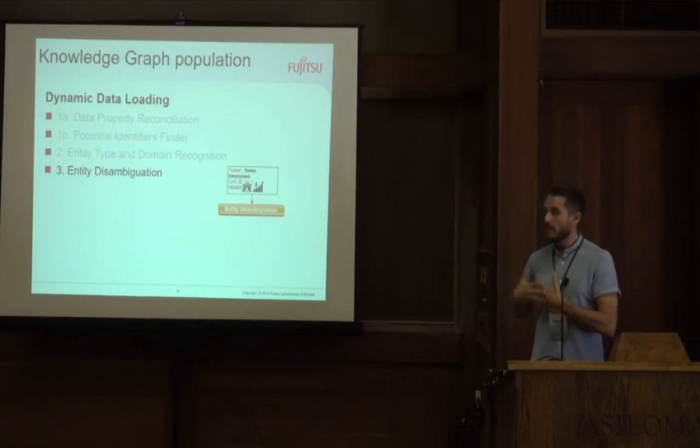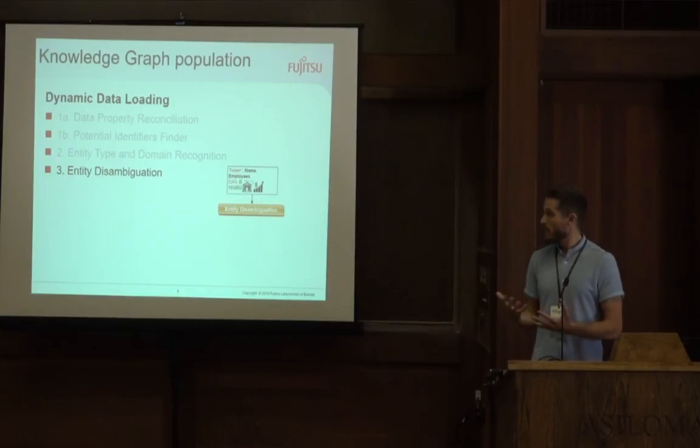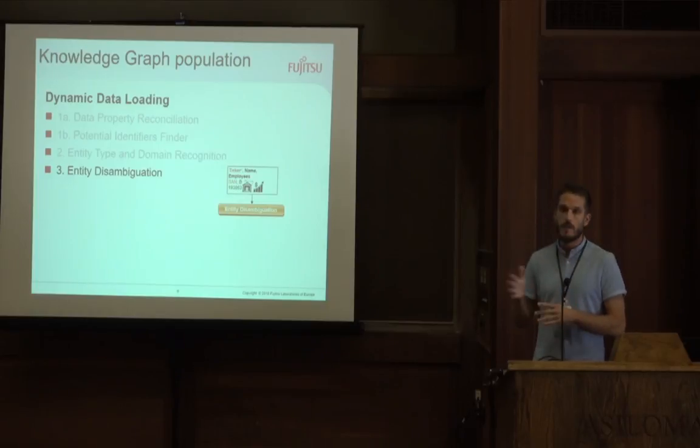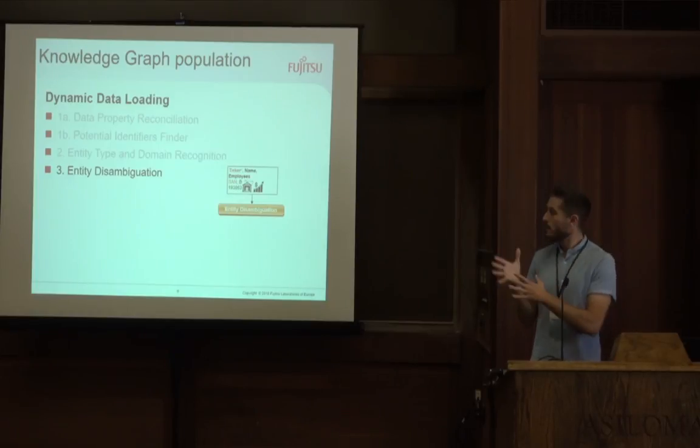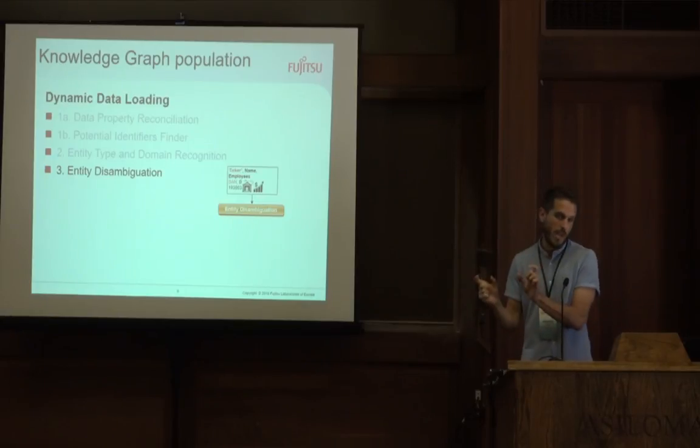Then the system will suggest if this is a new entity, it will just automatically load it and put it into the knowledge graph. If it's not, it will suggest to merge. Merge means that you have some data properties that are matching other data properties in the system, so maybe you want to merge these two entities.